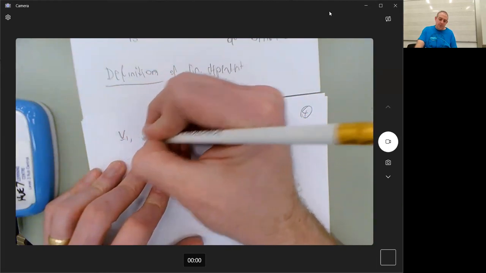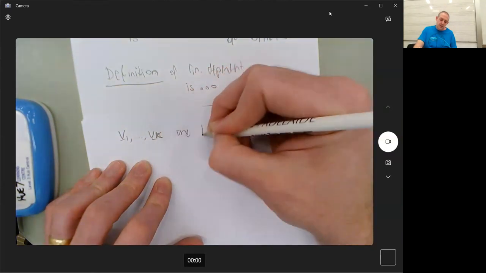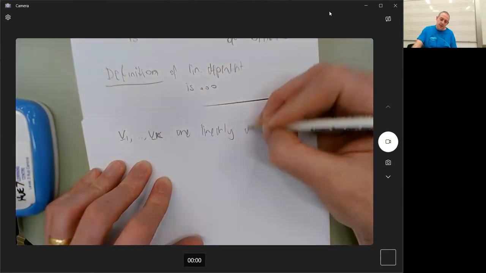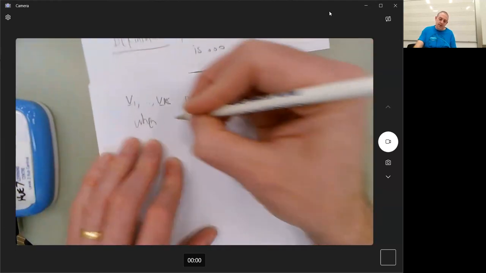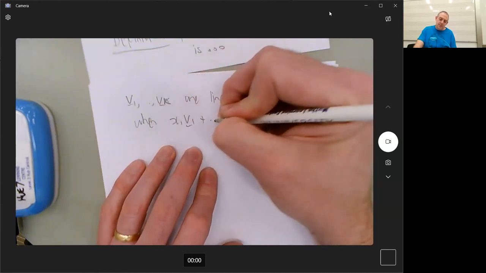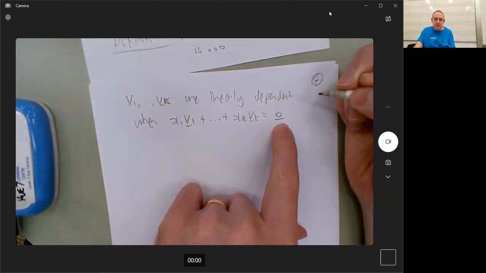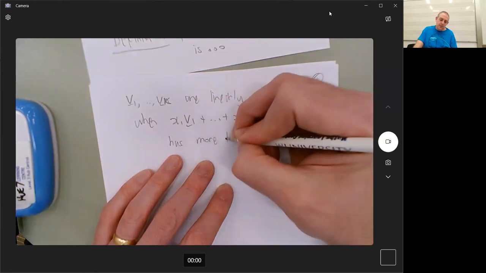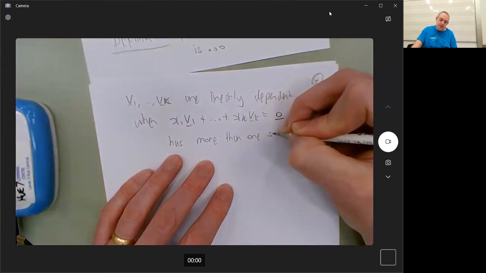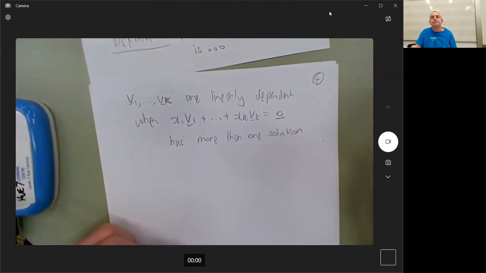Vectors v1 up to vk are linearly dependent when x1 v1 up to xk vk equals the zero vector has more than one solution, because we know it's got one solution.